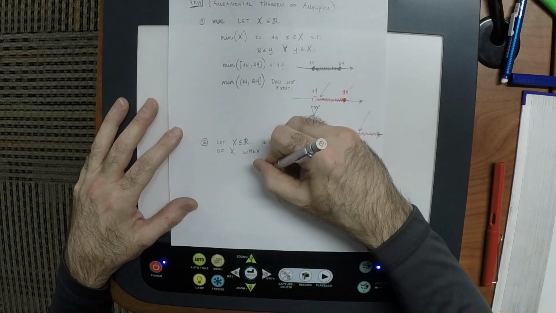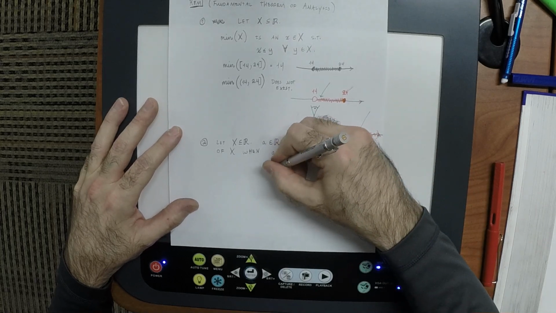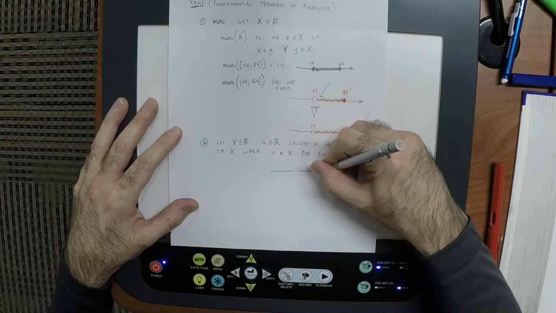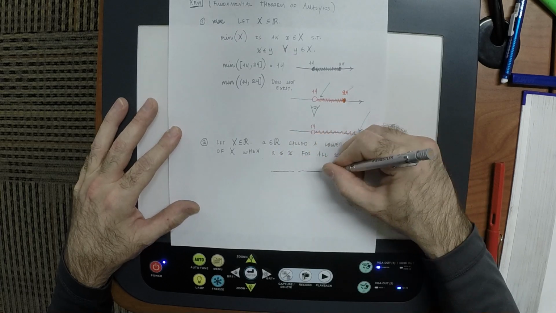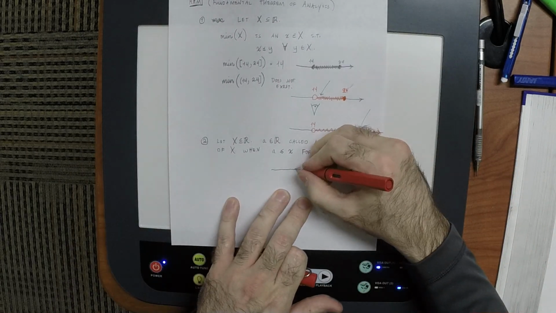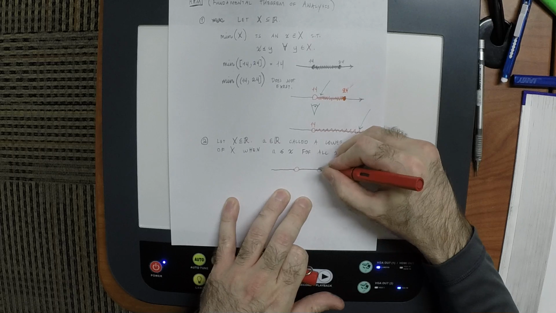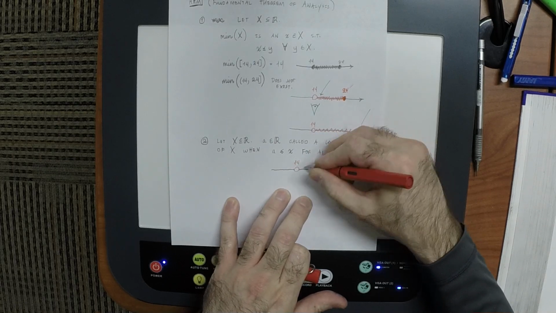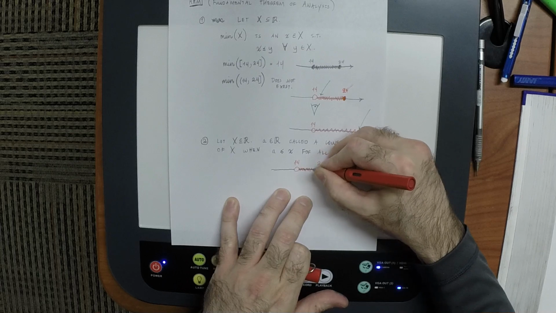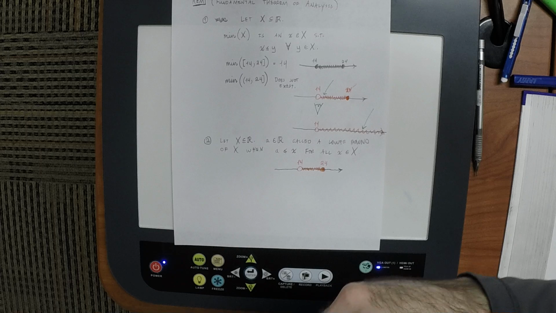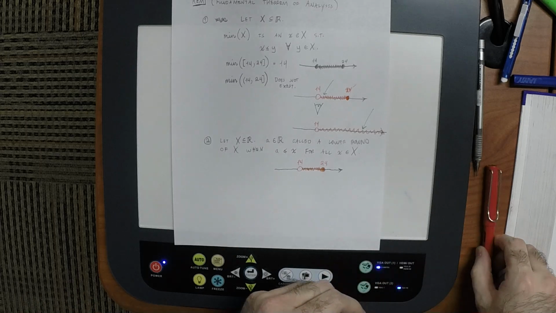Now, as a picture, I'll use that same set there. The distinction between the minimum definition and the lower bound definition is that the lower bound we're talking about doesn't need to be a red point.